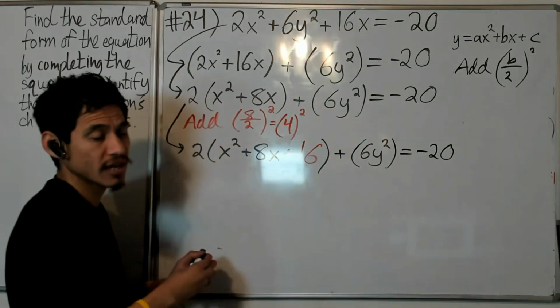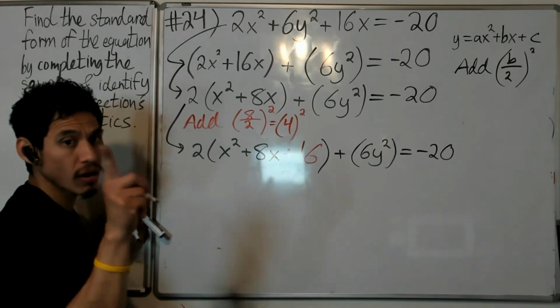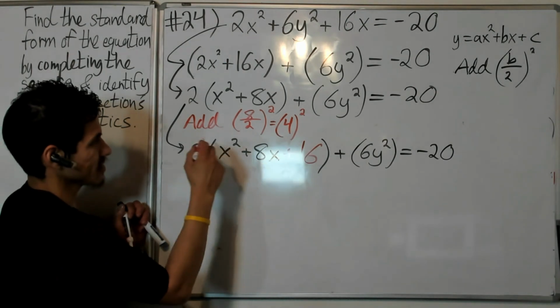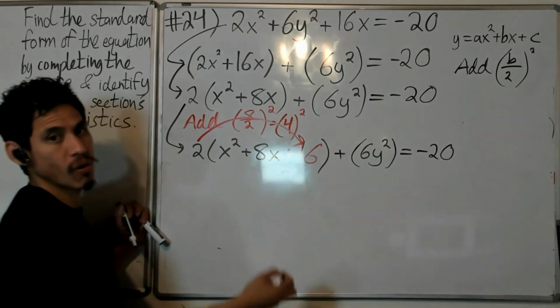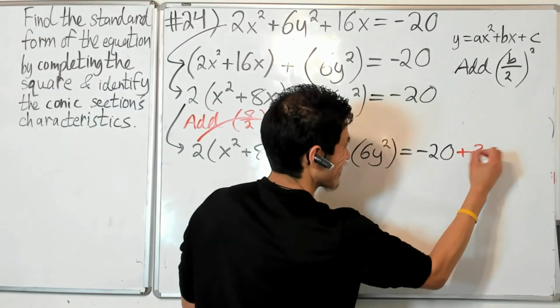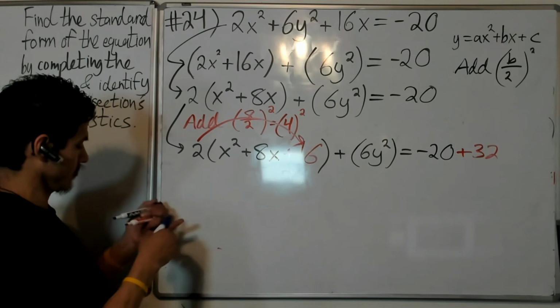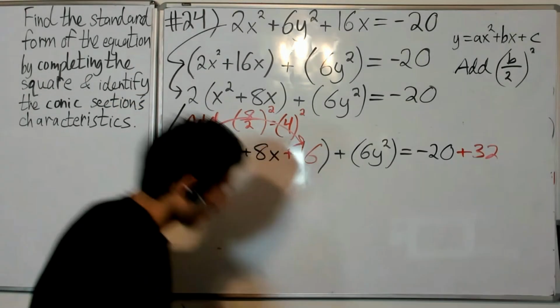On this side, we have to add this, but make sure to distribute this 2, because you're really not just adding 16, you're adding 2 times 16 to each side. So you're adding 32. So add 32 to the right. Yeah, careful about that. Be careful also about dropping your marker.